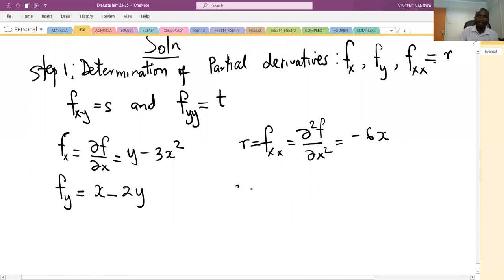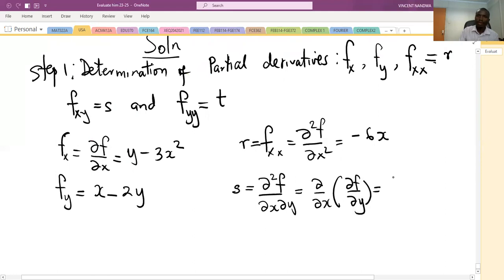And then s, which is partial squared f partial x partial y, and this is partial x of partial f partial y, will be given by partial x of this function x minus 2y.